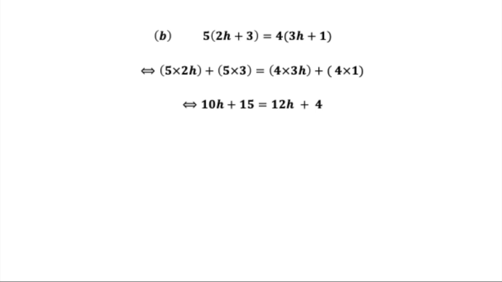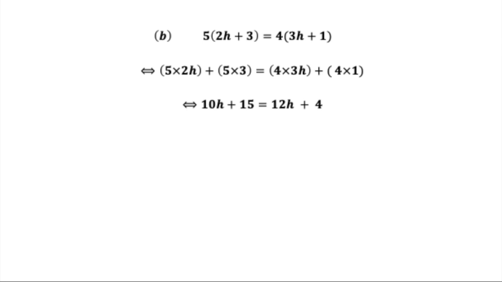As I said earlier on, the aim here is to isolate h, right? So how do we do it? We get rid of everything else that does not involve the h on the left hand side, and you could do the same thing on the right hand side. It's up to you how you want to do it. However, I decide to keep all the unknowns on the left hand side.